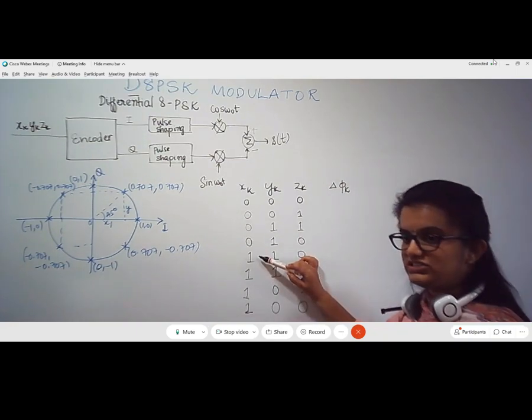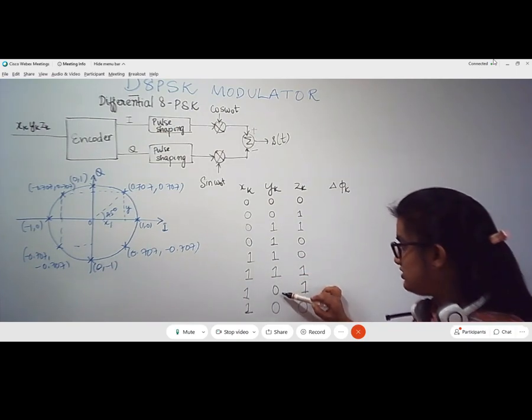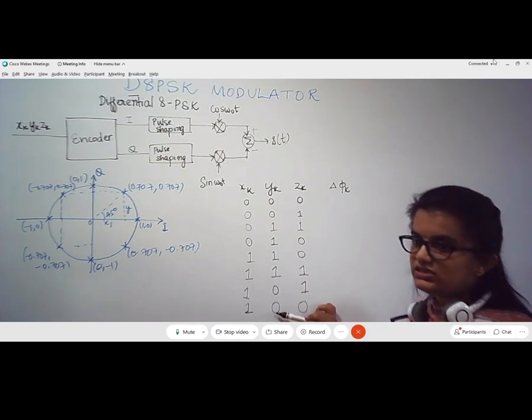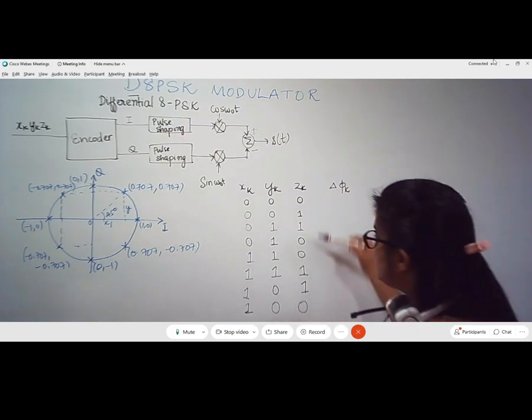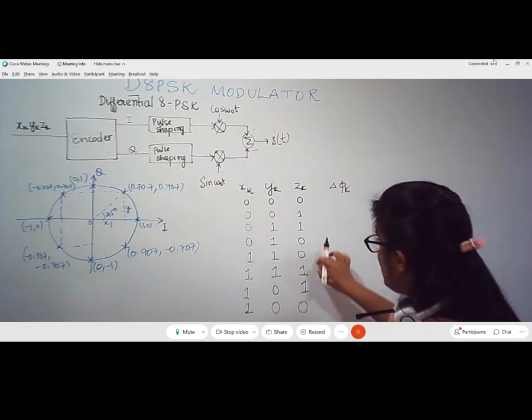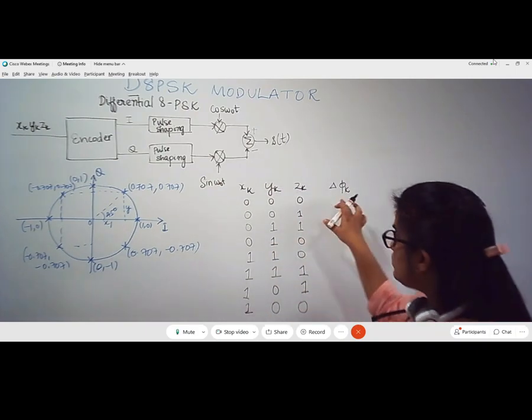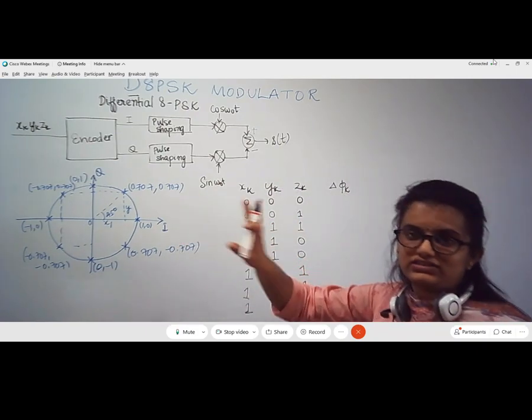Then the MSB is changing here. And coming to this, the LSB is changing. Then the middle bit is changing. Then lastly the LSB is changing. So like this we are going to assign all the bit combinations, and using this analogy only, we are going to continuously assign the phases.